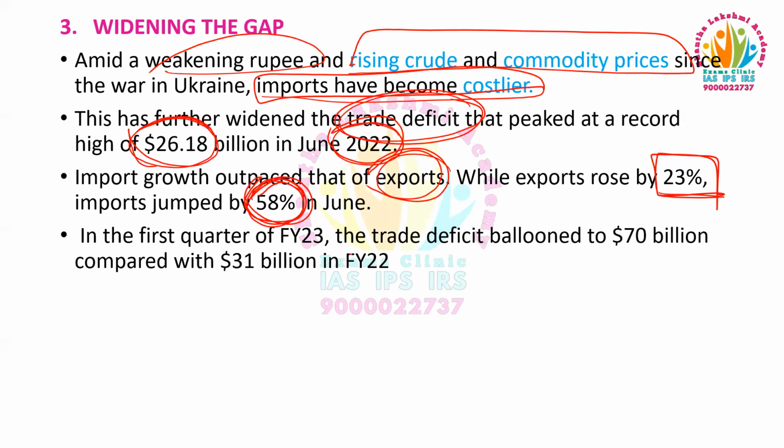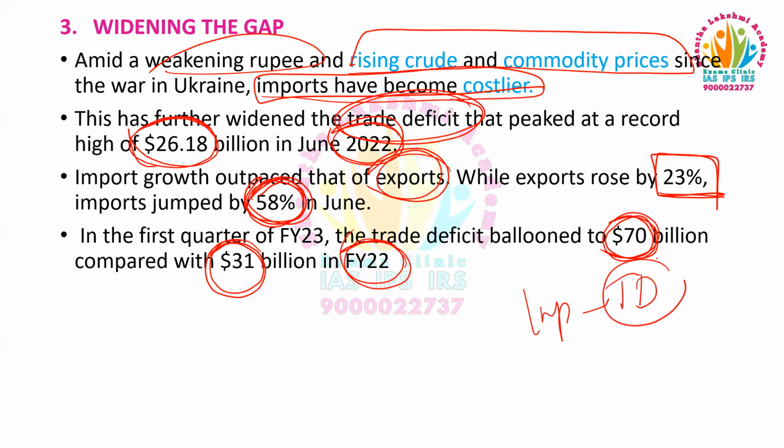In the first quarter of financial year 23, the trade deficit ballooned to around $70 billion compared with $31 billion in financial year 22. We have discussed, right, if there is an increase in imports, there is a trade deficit. So due to the rising crude and commodity prices, imports have become costlier and the trade deficit has also increased.